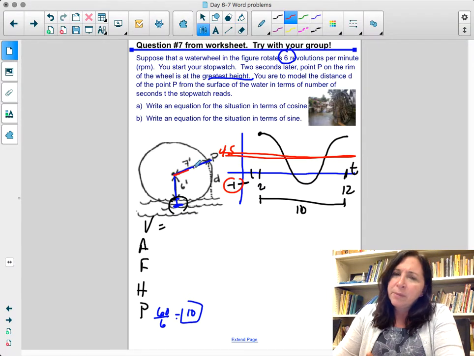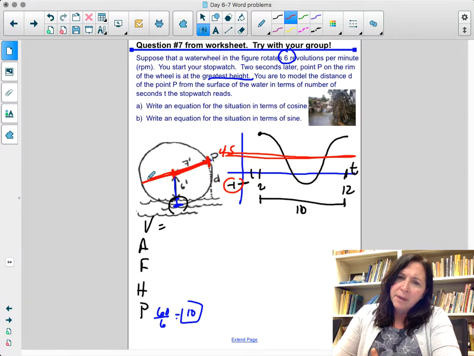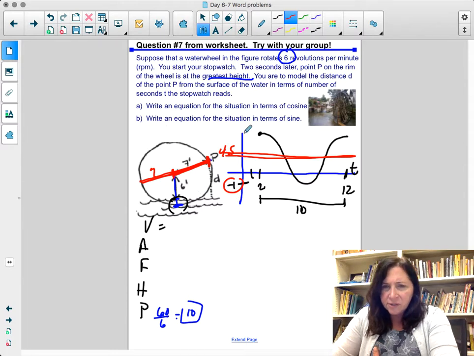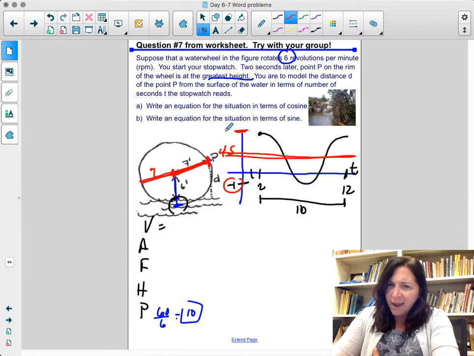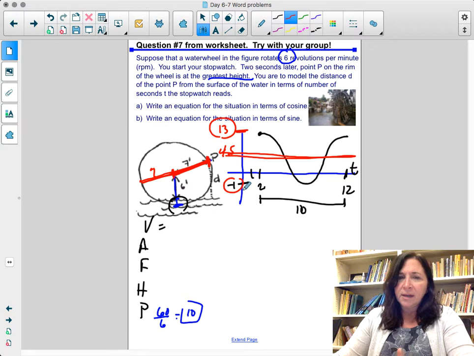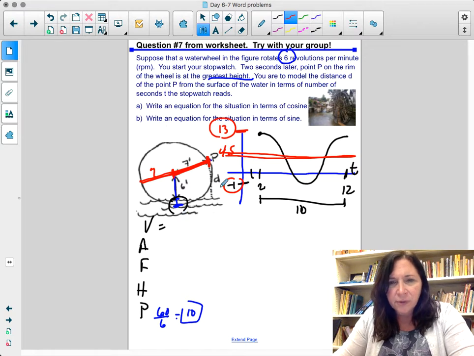But remember, my radius was 7, which means my diameter is 14, 7 and 7. So the whole diameter is 14, so my high spot is actually 13. Okay, whew. So 13 plus 1 is 14, and we're happy. Happy campers.